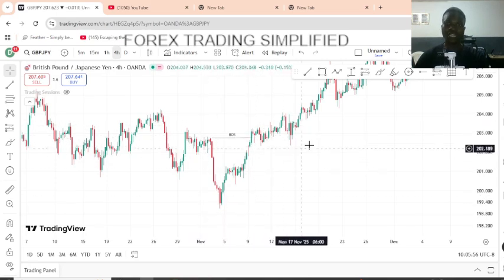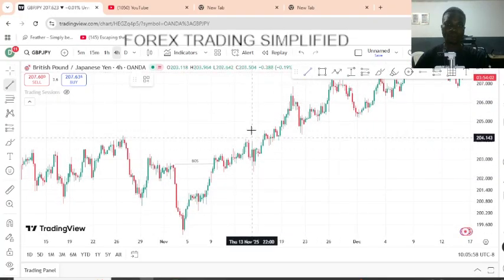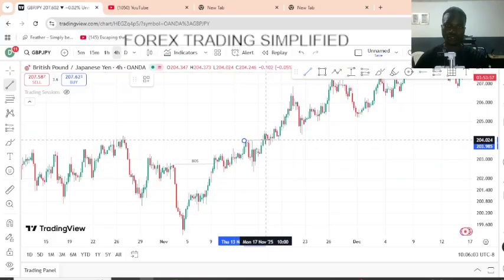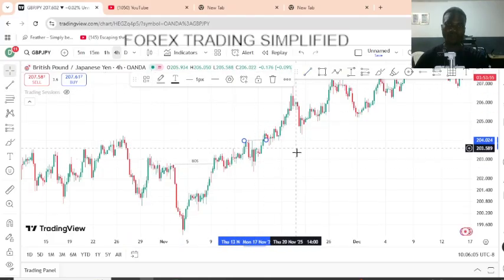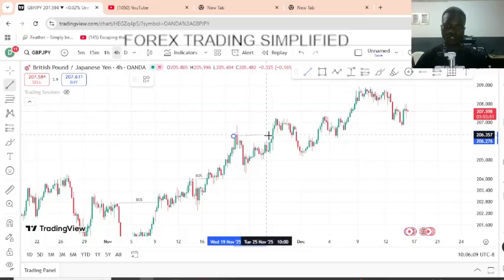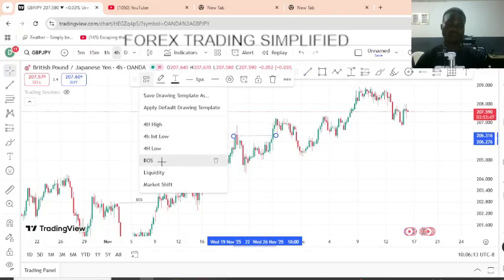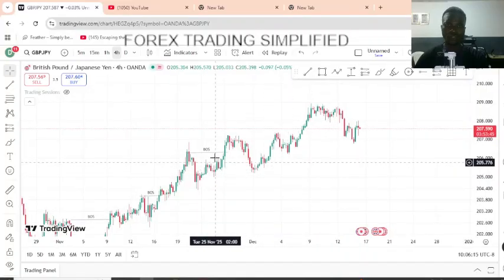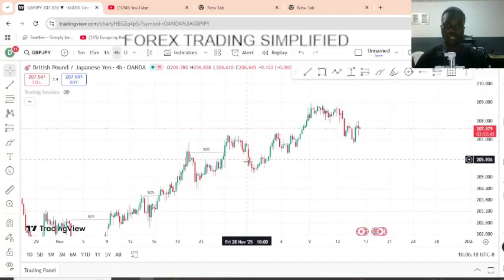All right, now let us continue to spot our break of structure. Then we also have another break of structure right here. We also have another break of structure right here. Also, the market goes up, it comes down a little bit.